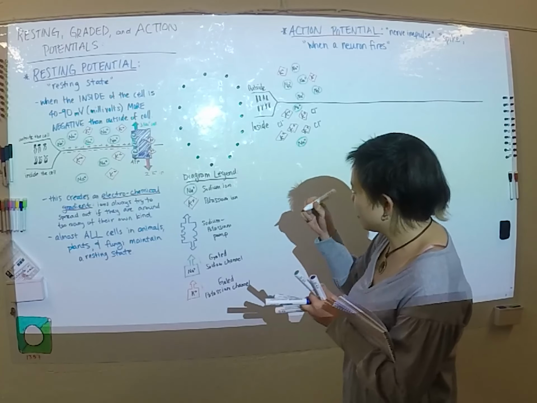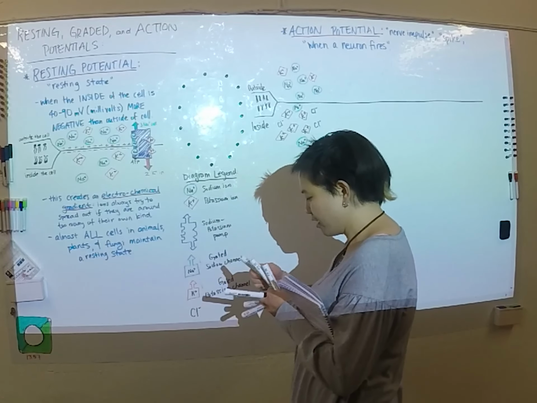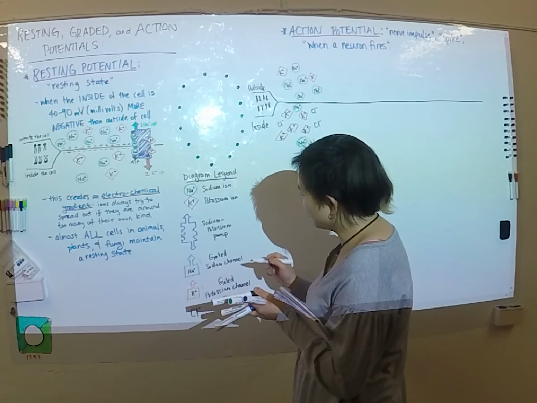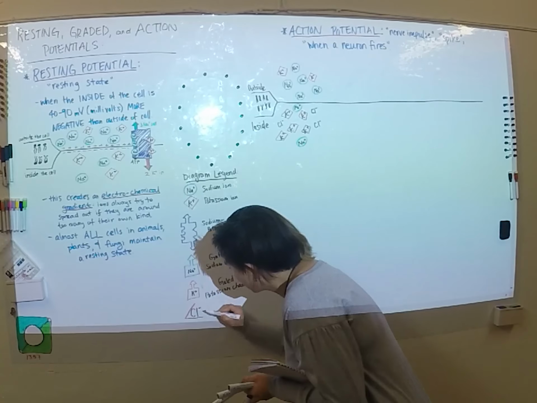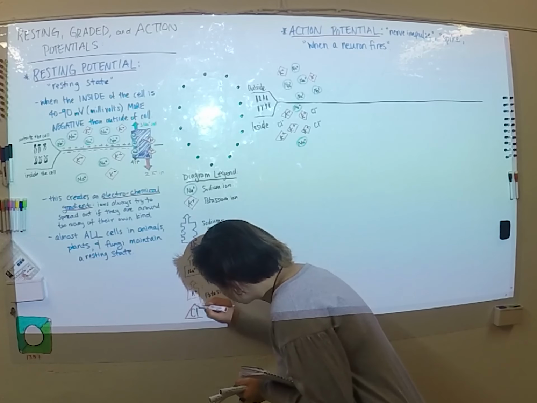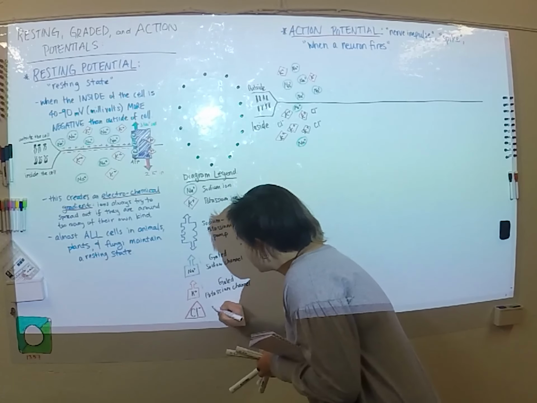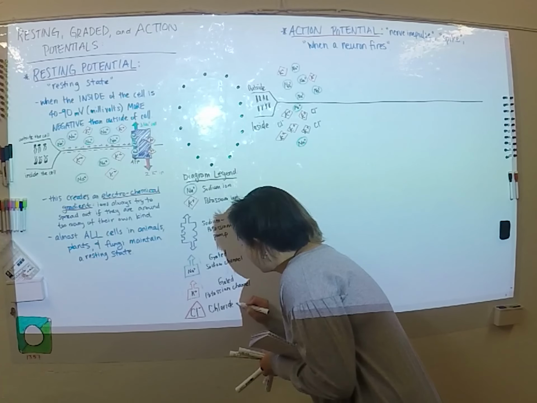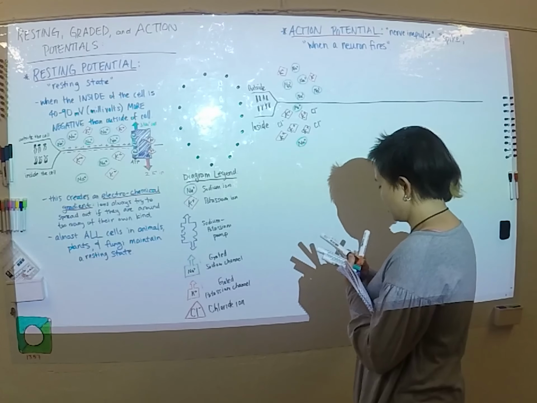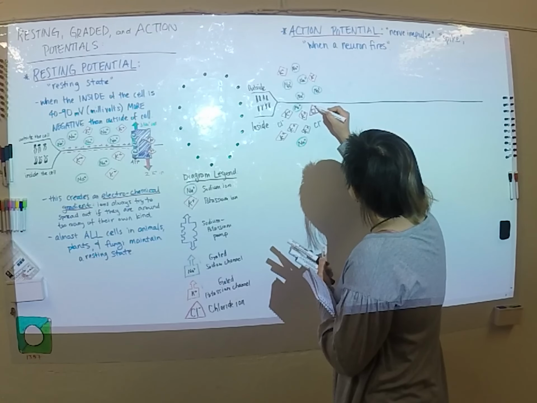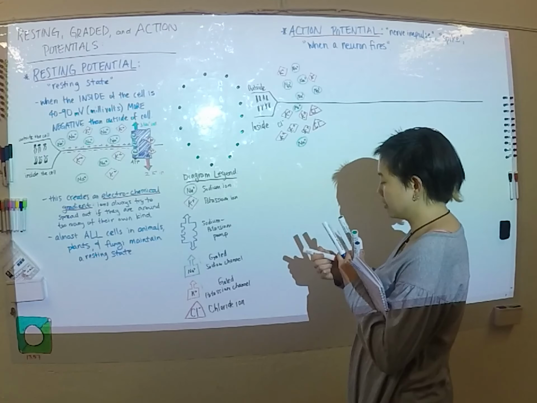So we'll add them to our list here. Chloride ions. Let's see what shape to give them. We'll give them a triangle. So this is a chloride ion, okay? All right.